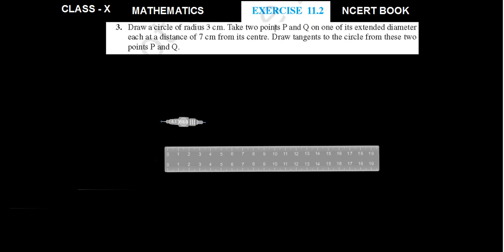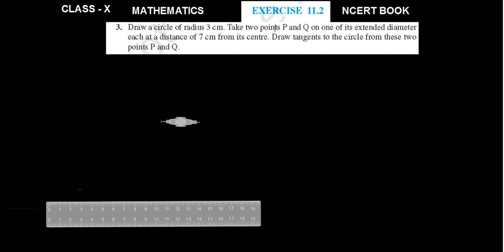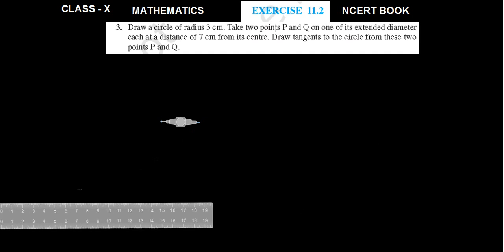Using this virtual compass, we cannot take a length or a radius or an arc less than 3.5. Here is 3.3, here is 3, and it is up to this point, so 3.5. So the minimum circle that we can draw using this virtual compass is of radius 3.5 centimeter.